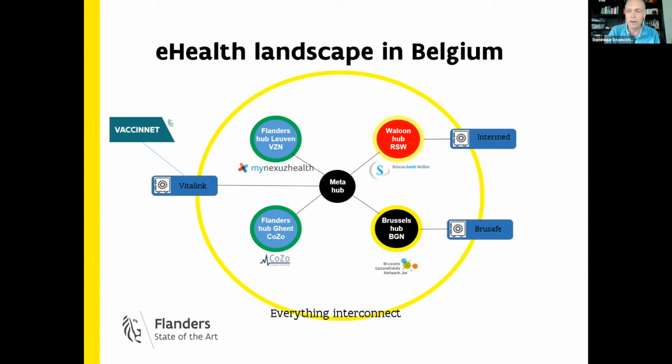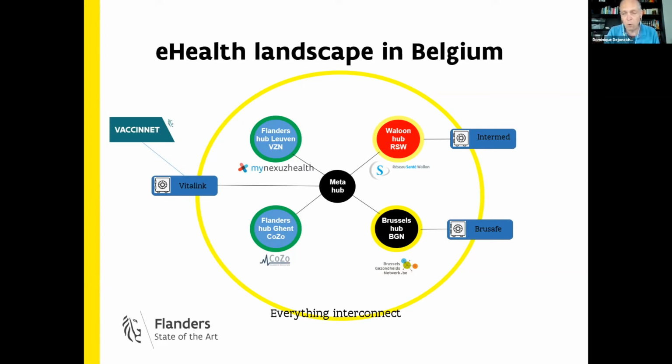There is also a meta hub that you can compare with the yellow pages. Via that system, you know where there is a record about a patient, and you can question that system directly and find information. If you're a GP, a doctor in a hospital or whatever, or in home care for nursing, for instance, you can access all that data.